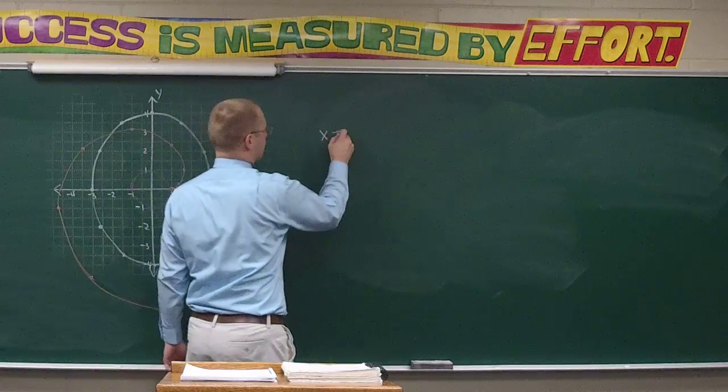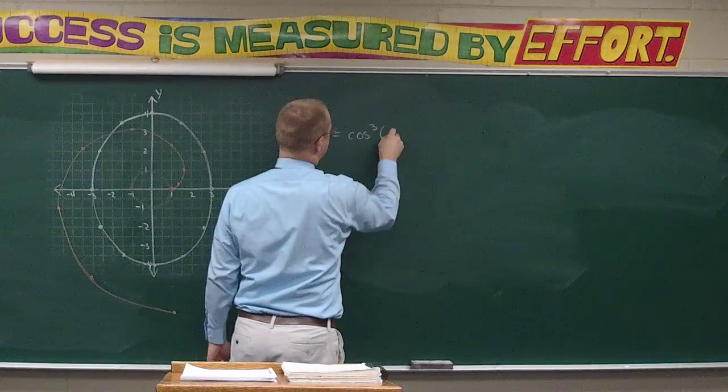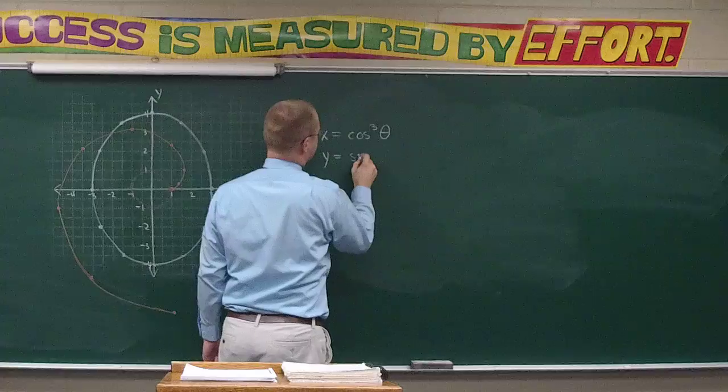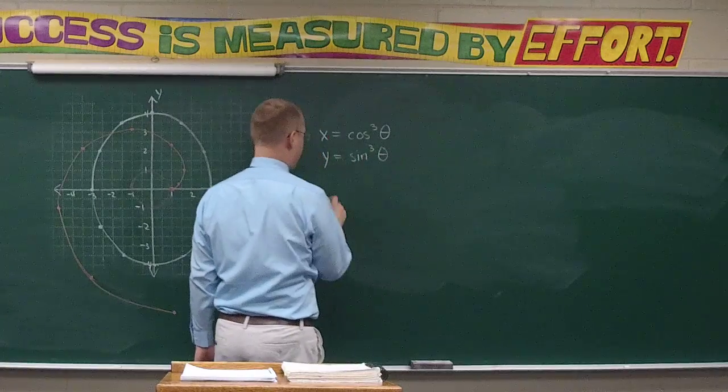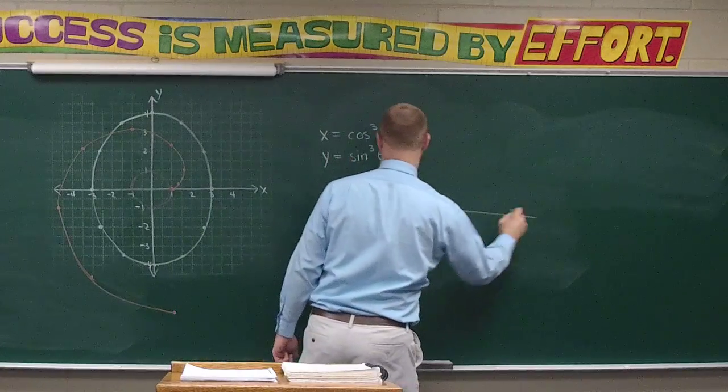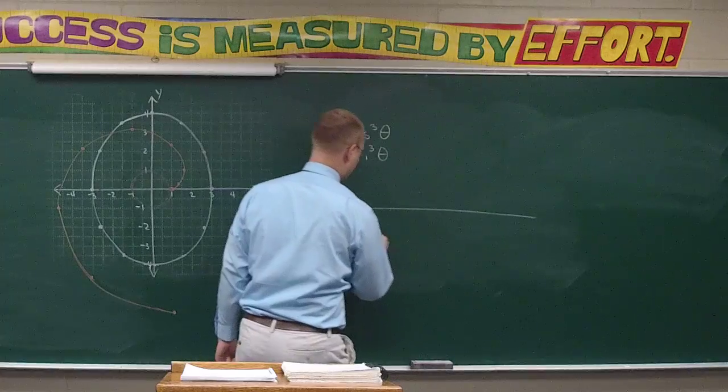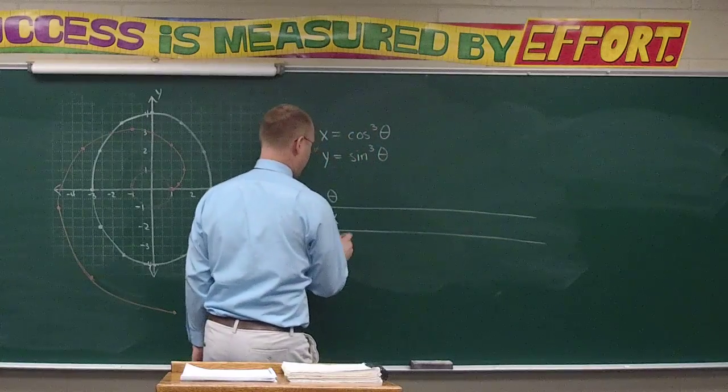We have x is equal to cosine cubed theta, and y is equal to sine cubed theta. And let's do 45 degree angles here.